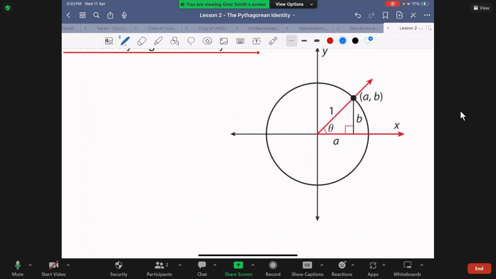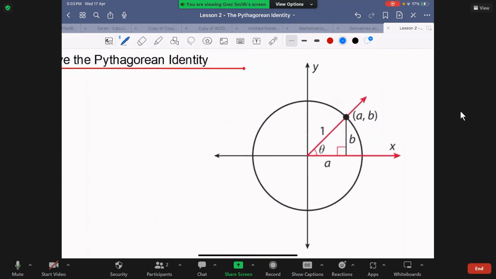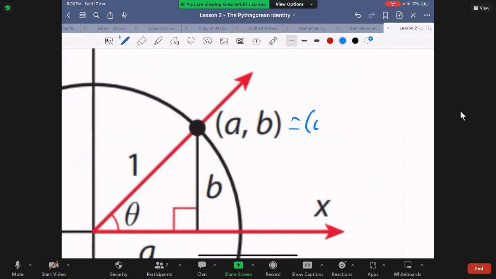So what we've got here is a unit circle, and from the unit circle, we can see that the coordinates of this point here are cosine of theta, comma sine of theta.